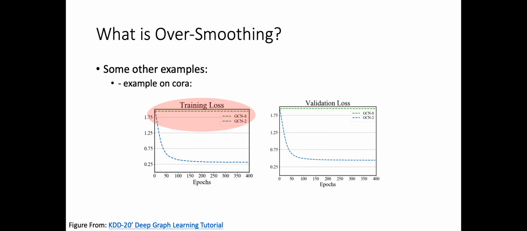With the 2-layer GCN, the training curve converges very well. But when we increase the number of layers to 8, for this deeper GCN the loss does not converge, so it does not go down, which means the oversmoothing problem can impede the graph neural network from going deep.